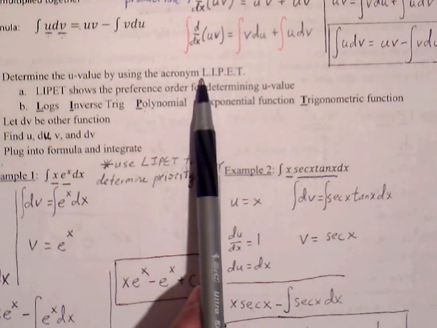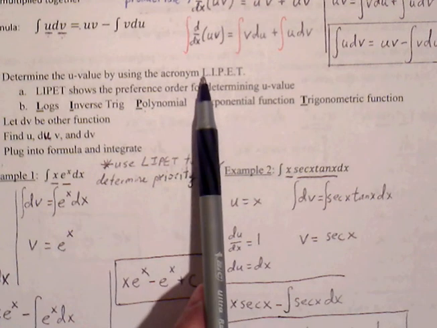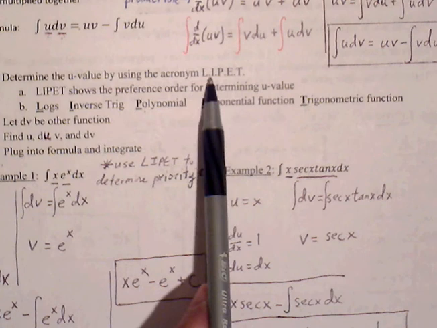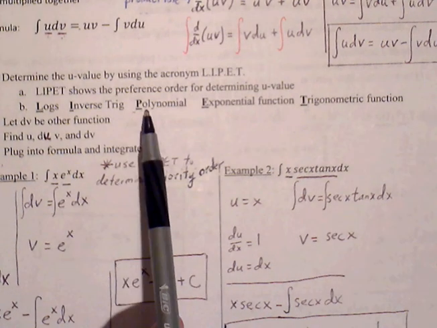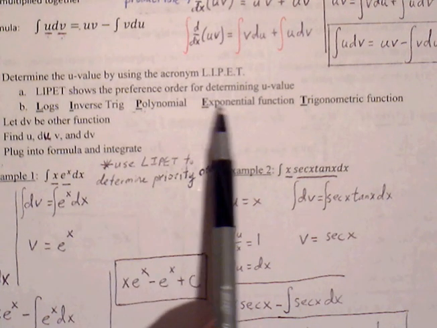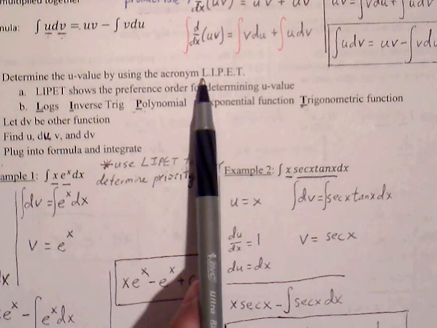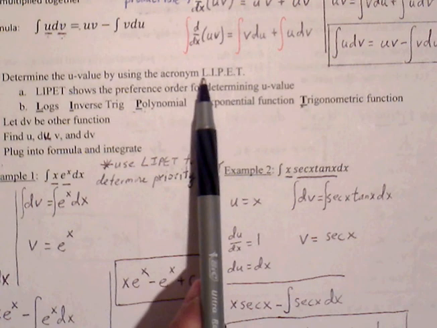There's a preference order, with first preference being the logs, followed by inverse trig, followed by polynomial, exponential function, and finally trigonometric function. If there's a log function, it takes precedence, so our u value will be the log function.